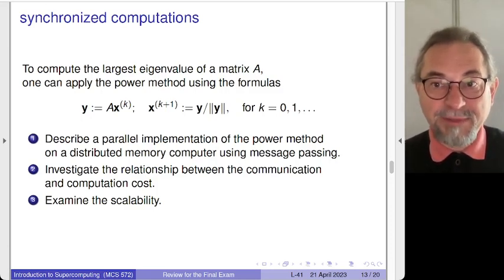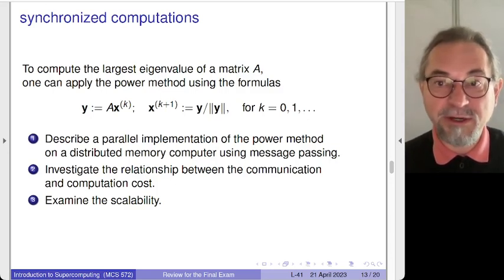As far as the scalability goes, you have the ratio between the computation cost and the communication cost. The computation will be in every step quadratic if you are assuming a full dense matrix. So quadratic in the size of the matrix divided by P, the number of processors, the number of workers.